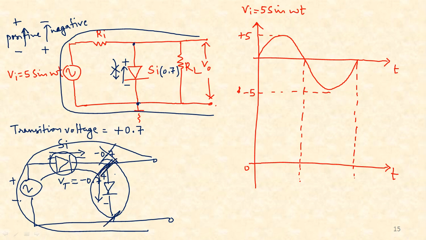It is just my convention. In the series case, the input signal was in series with respect to the diode. However, here it is parallel. So you will have to consider only this diode path and nothing else. And this is like plus minus, so as per the convention, it is plus 0.7 volts.